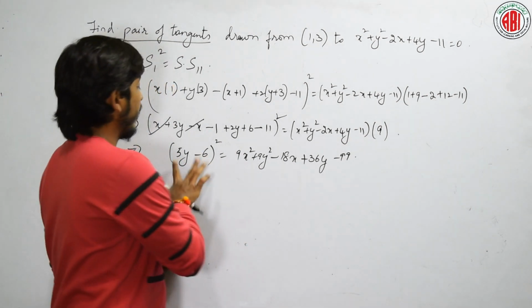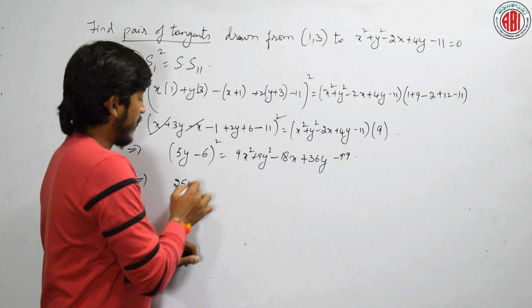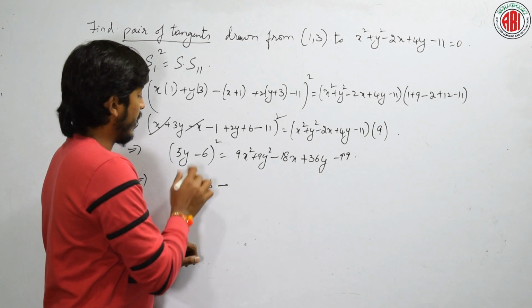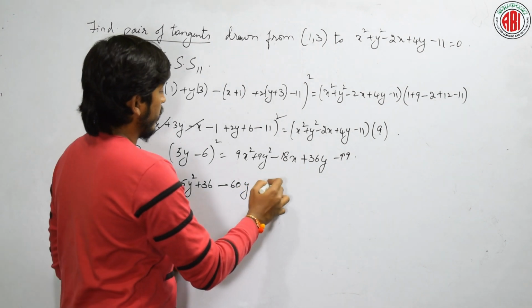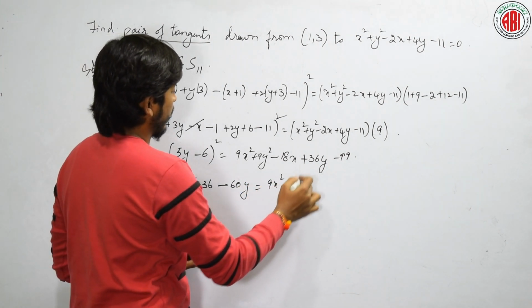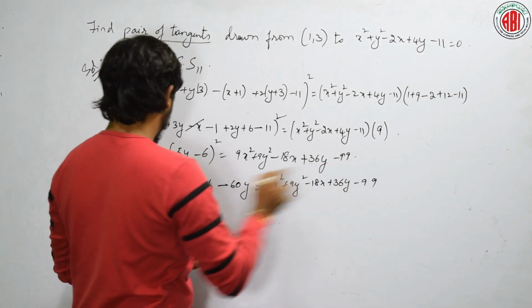Clear? And here it is (a minus b) whole square. Let us simplify it. a square plus b square minus 2 5s are 10, 10 6s are 60y is equal to 9x square plus 9y square minus 18x plus 36y minus 99.